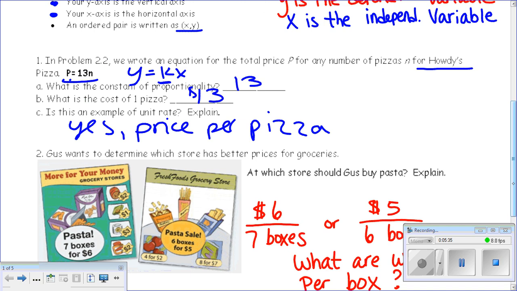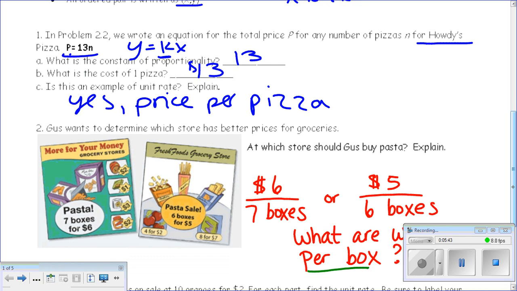So as we go on, Gus wants to determine which store has better prices for groceries. He found these advertisements, maybe in a magazine or sent home, for two different grocery stores. At which store should Gus buy pasta?